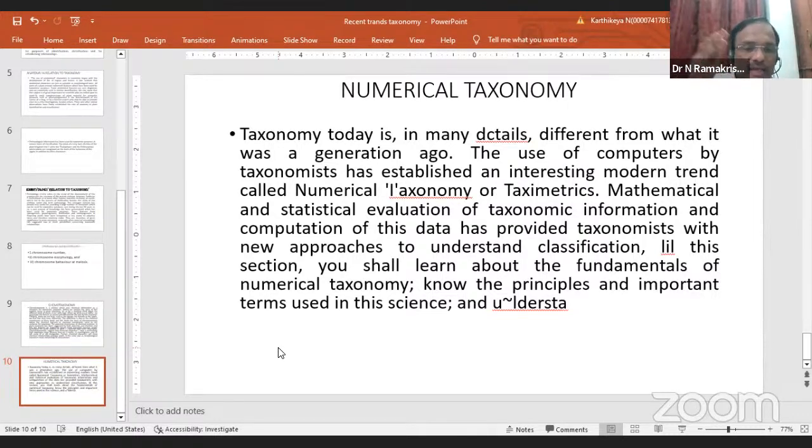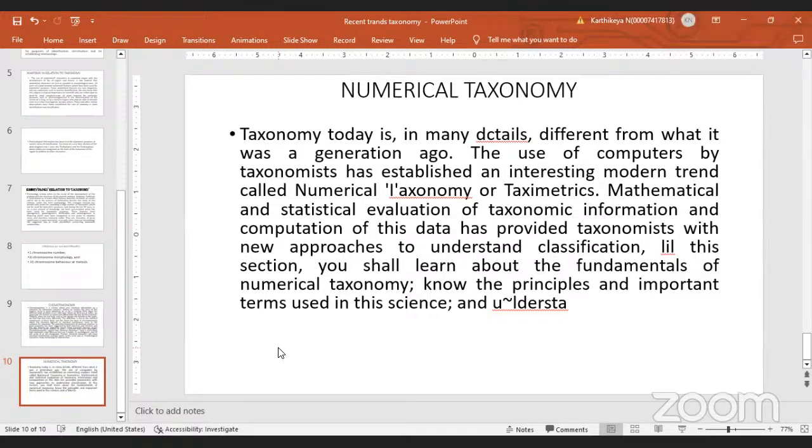That plant is also seen in this area. Because this is an ecotype, the plants are adapted. So that is biosystematics. Is it okay now? Yes, sir.